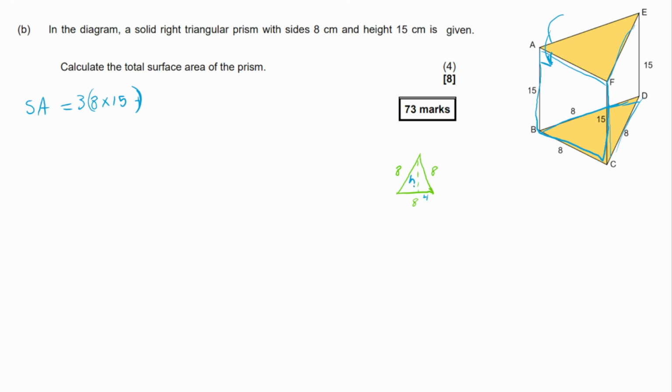So to work out the height, we say that the height is equal to the square root of 8 squared minus 4 squared. When we evaluate that in our calculator, we get 4 root 3 units.